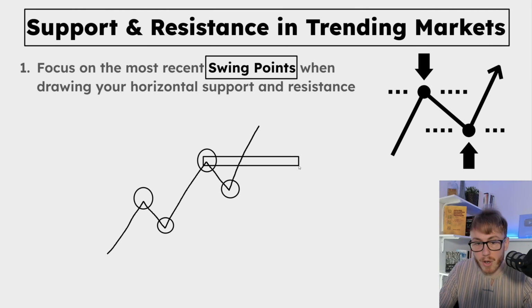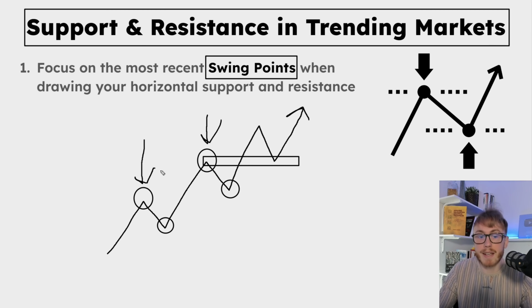So we usually draw out our support from the recent swing high, and then we're looking out for the potential bounce here. Remember, resistance can flip to become support in the future, and this most recent swing high is much more significant than swing highs further back in the trend.